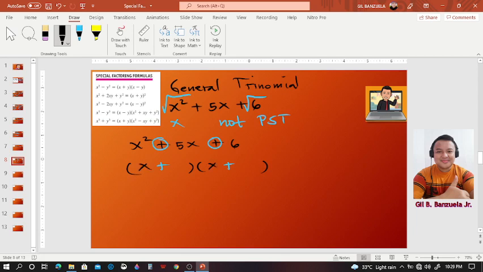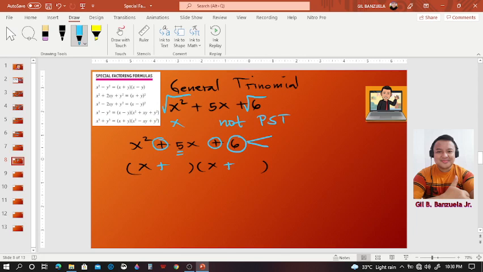Now, here's the thing. We're going to focus on the last term, which is 6. So, mag-iisip tayo, guys. We're going to think of two factors, two numbers. Alright, so when I multiply, the answer is 6, but when I add them, the answer is 5.